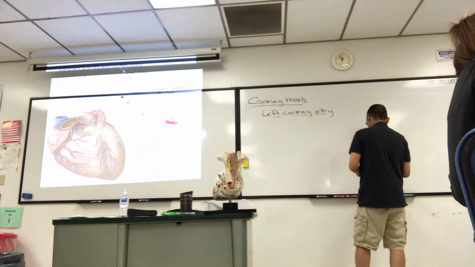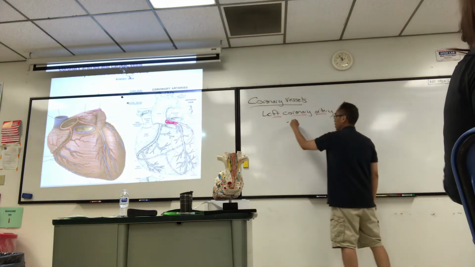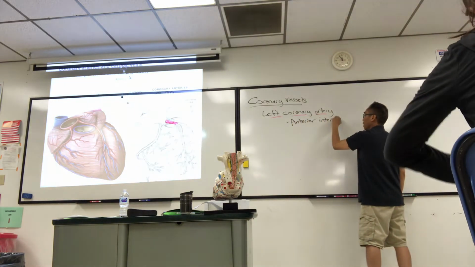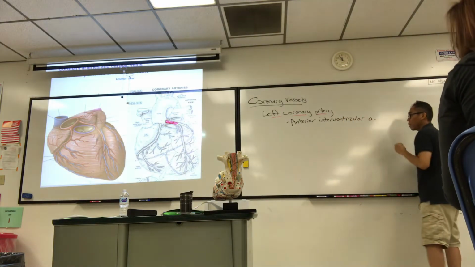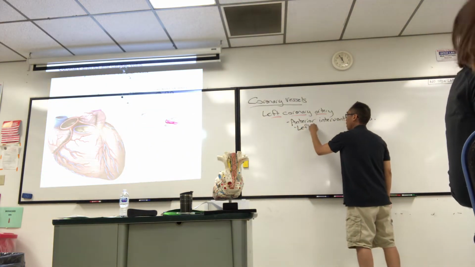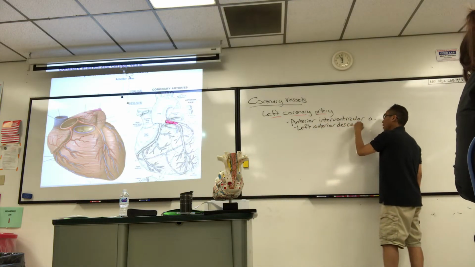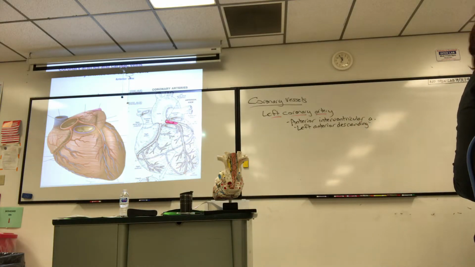So the branches of it are the anterior interventricular artery, also called left anterior descending, also called, well, the widowmaker, because a lot of times men are more prone to atherosclerosis, and this clogs and causes a massive heart attack.